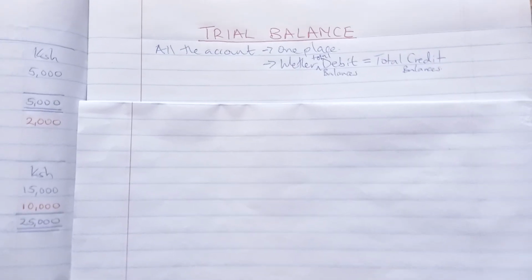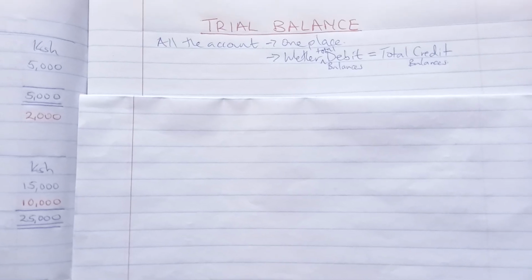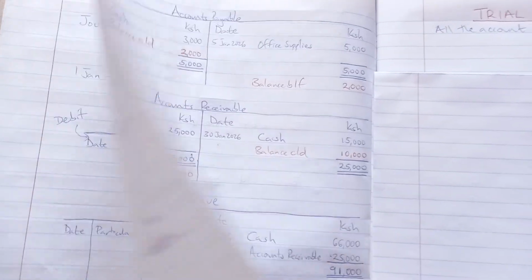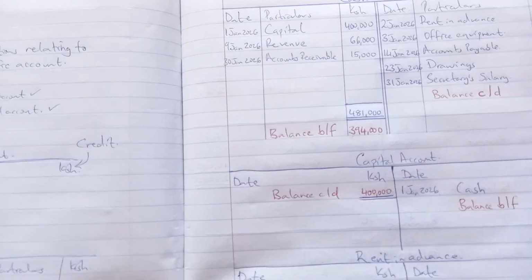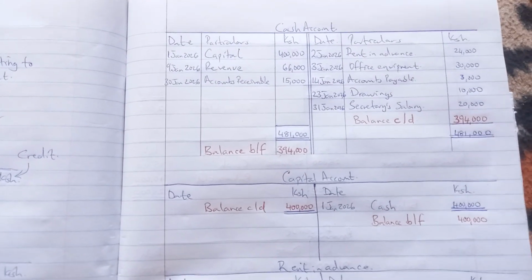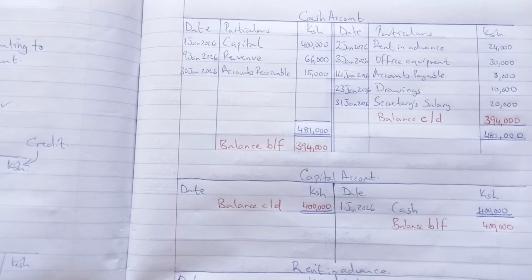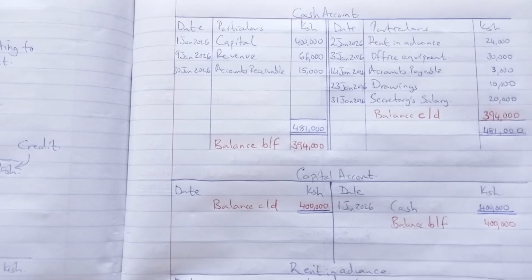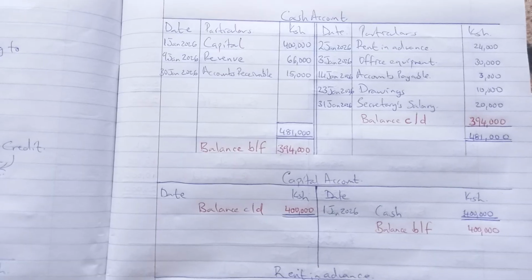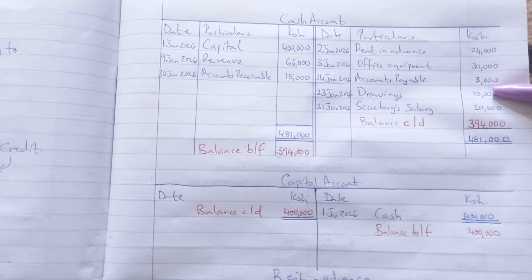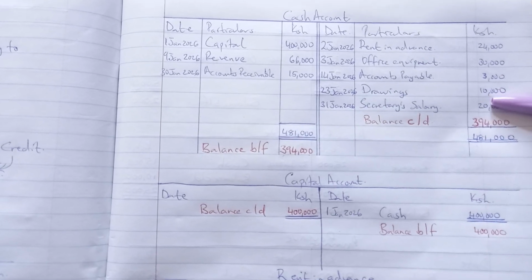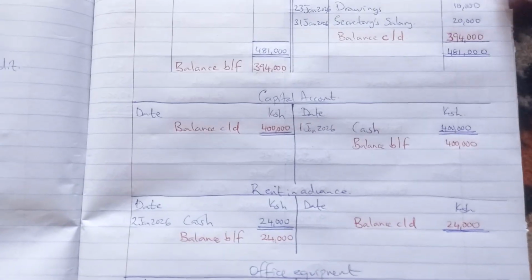As I said in the last video, we will be using the figures on the ledger accounts which we created in our last video. If you haven't seen the video yet, kindly go back to the video on ledgers so that you may see what was going on. For the purposes of comparing our answers, this is the cash account, and we also did the capital account.